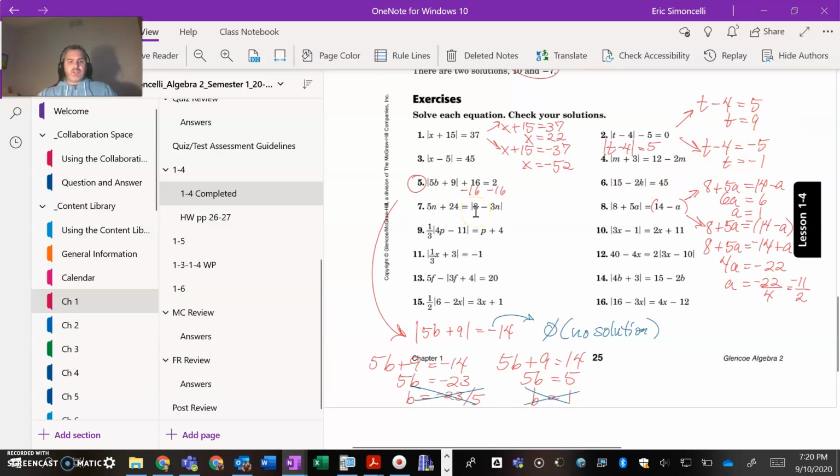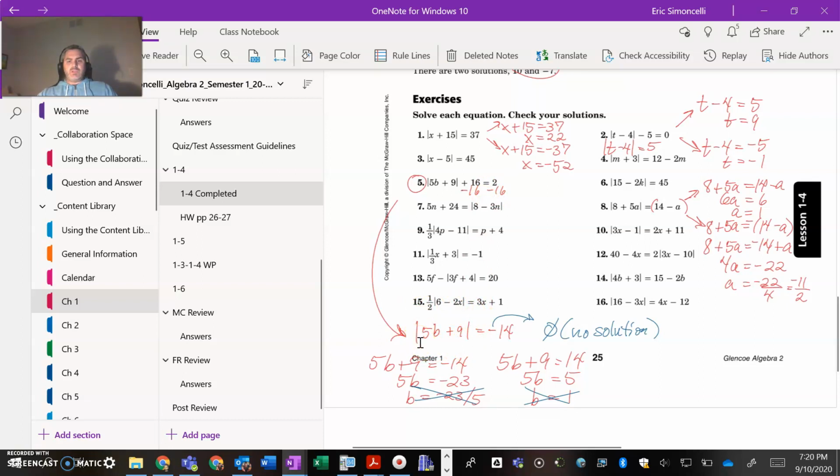Number 5 is a great example of a problem where possibly there isn't a solution. And you do need to check your answers as evidence here in a moment. Absolute value of 5b plus 9 plus 16 equals 2. Subtract 16 from both sides. When you do this, again, you're isolating the absolute value.